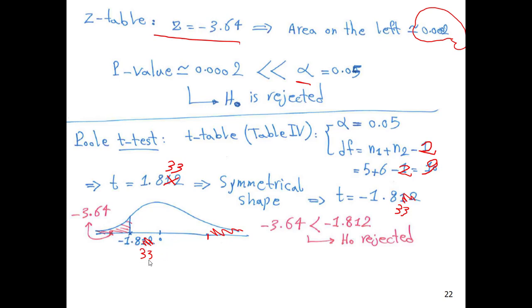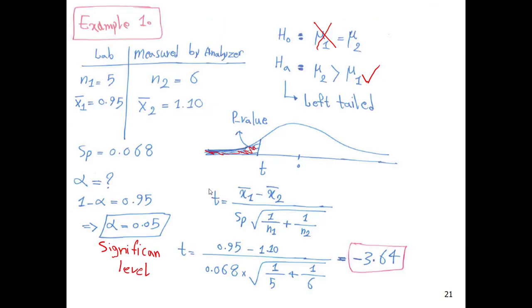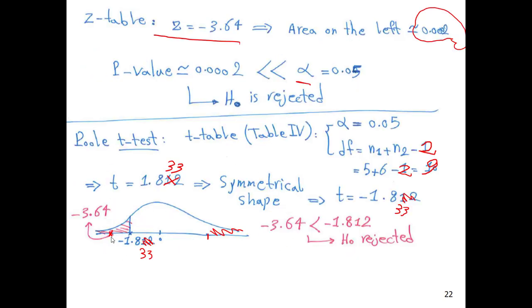Now this is the t from the table, and you also have to mark the t that you calculated by the equation. The t that we calculated by equation, minus 3.64, is located here. So your t that you have calculated is in this shaded area.